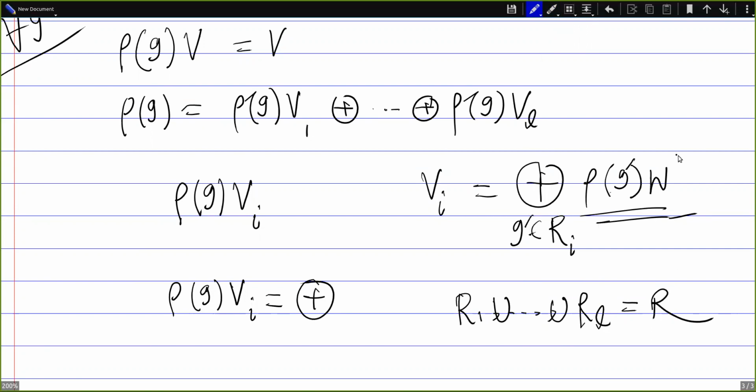Now recall that any two summands here are isomorphic.